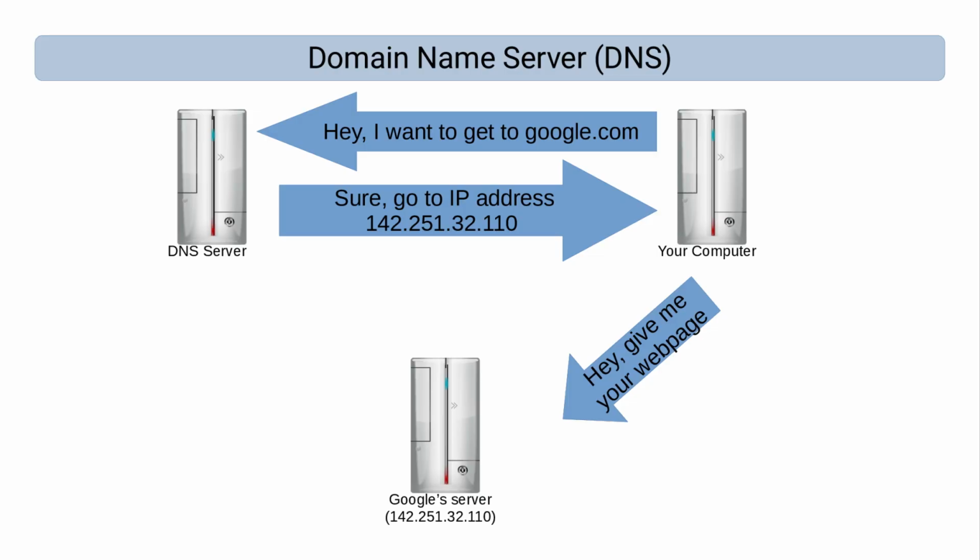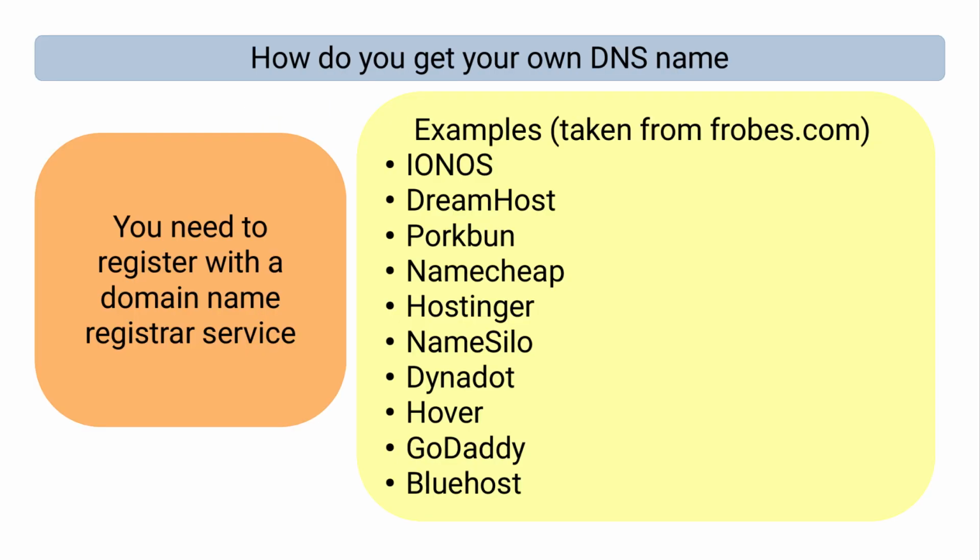And they'll respond back, "Oh, in this case 142.251.32.110." And then your computer says, okay, I know what the IP address is. And then it will automatically go to that IP address and say, "Hey, give me your homepage or whichever specific URL that you are requesting."